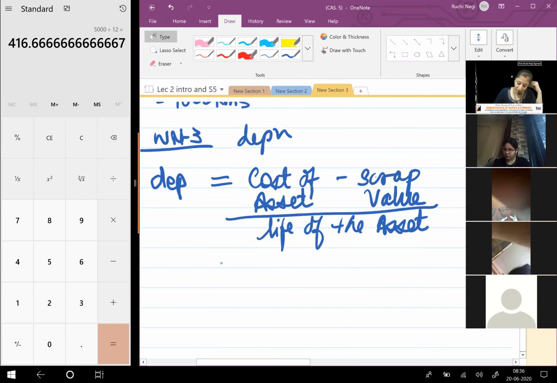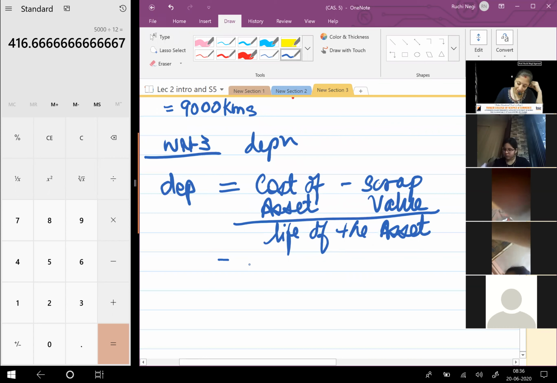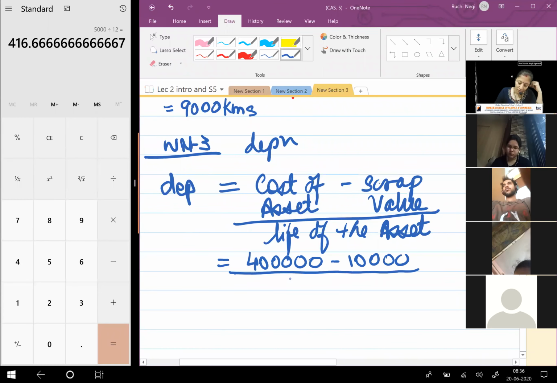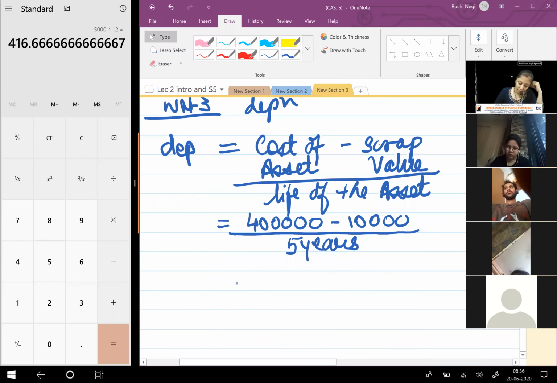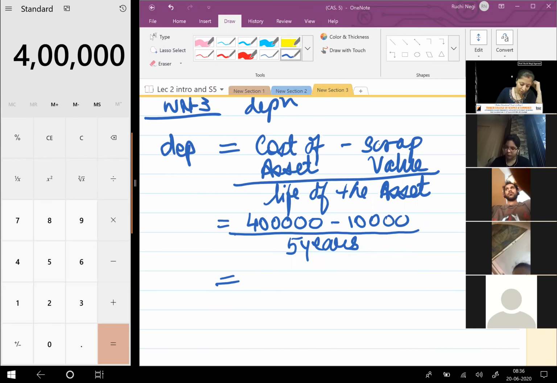Write it here: 4 lakhs minus 10,000 divided by life of the asset, 5 years. So this is 78,000.